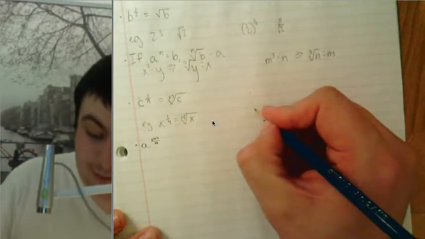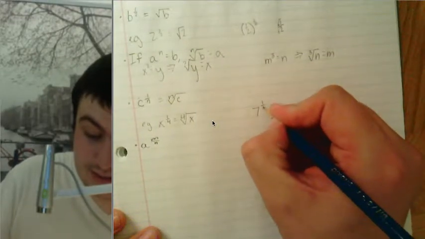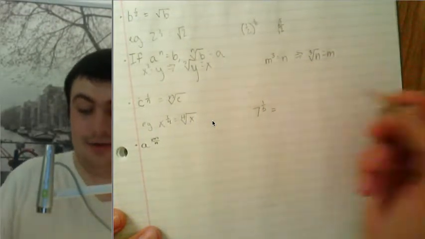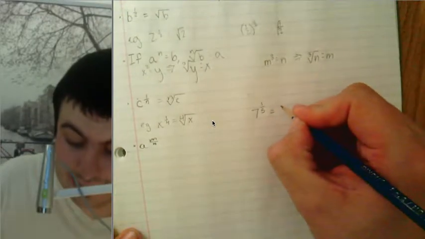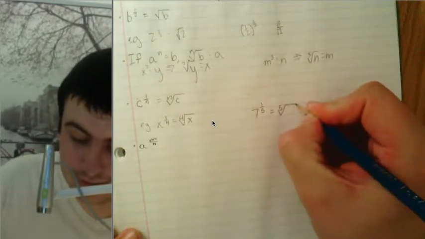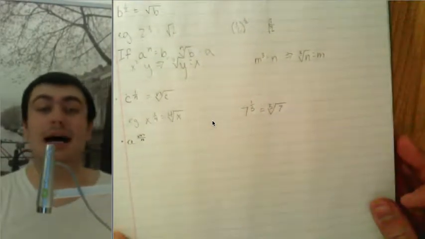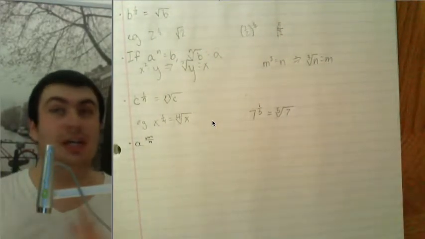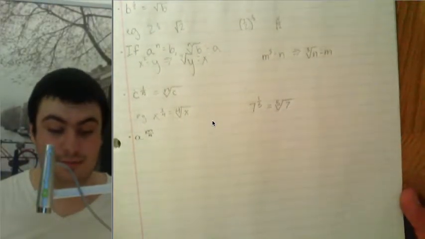Or let's say that we had 7 to the 1/5 power, that would be like taking the 5th root of 7. And again, we're not going to worry about simplifying these right now, we're just making the conversions back and forth.